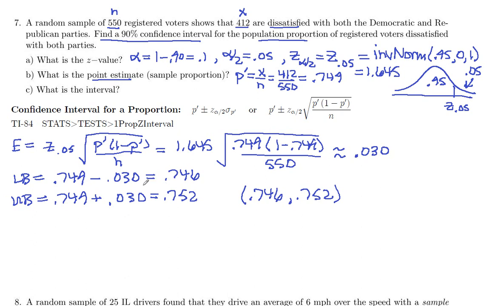Oh, wait a minute. I did 0.003. The 3 should come off in here. So 0.749 minus 0.03 is 0.719.